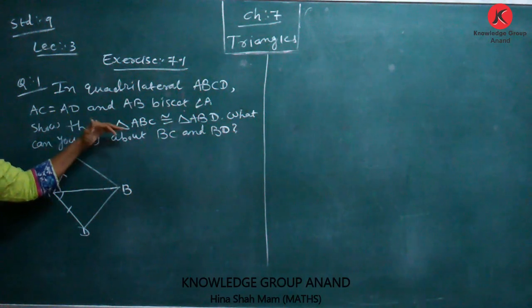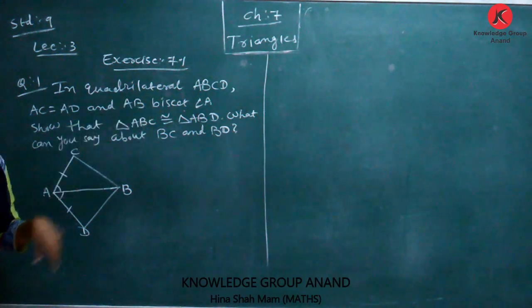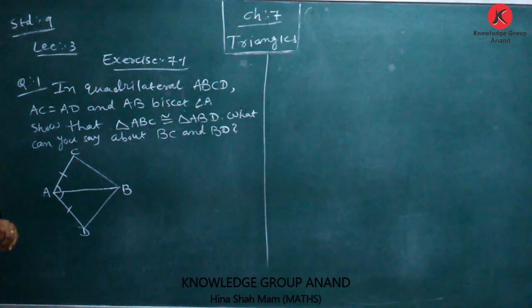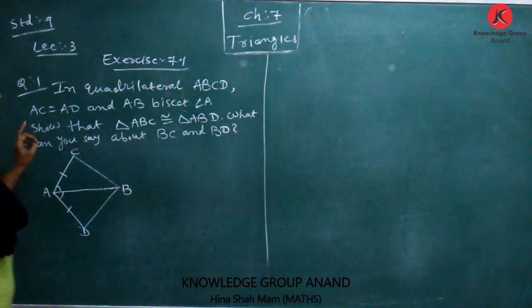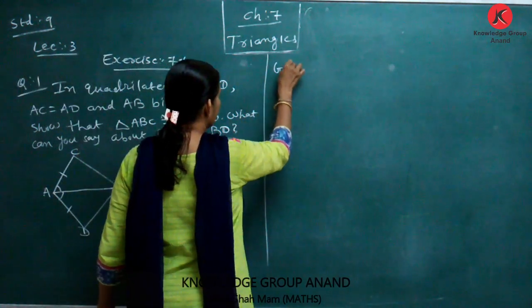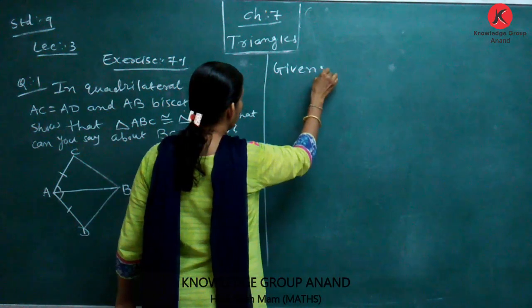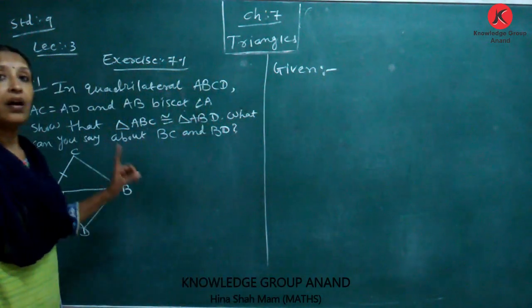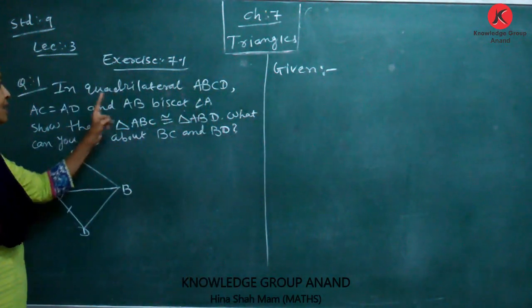Show that means prove that triangle ABC is congruent to triangle ABD. First we write, like a theorem, the given part. What is the given part?